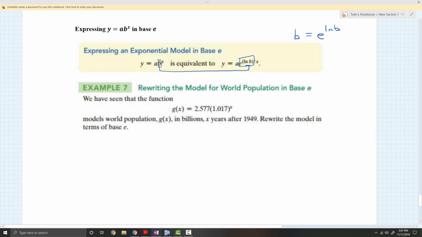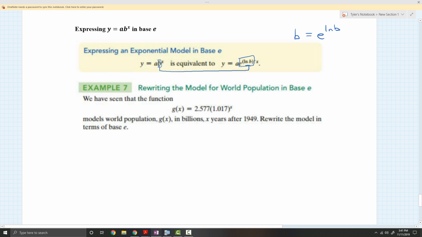So in this example, we have seen that the function g of x equals 2.577 times 1.017 to the x models the world population, g of x in billions, x years after 1949. Rewrite the model in terms of base e, right? So that was the exact function that we got earlier, in that last example.